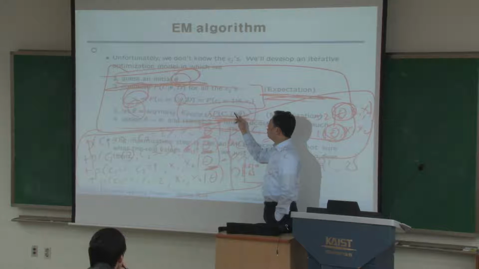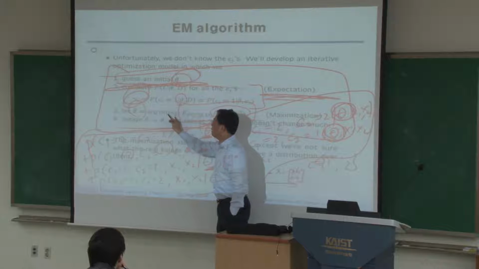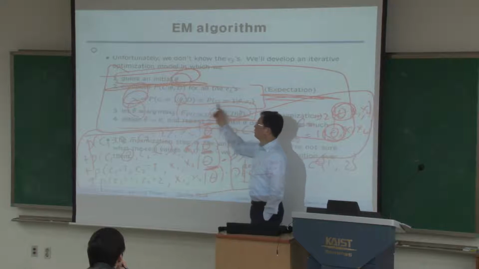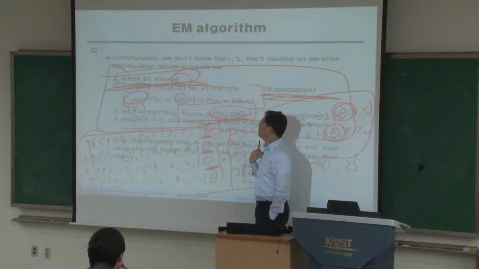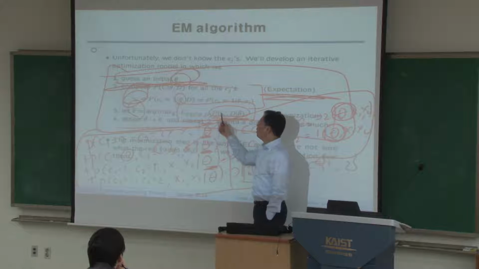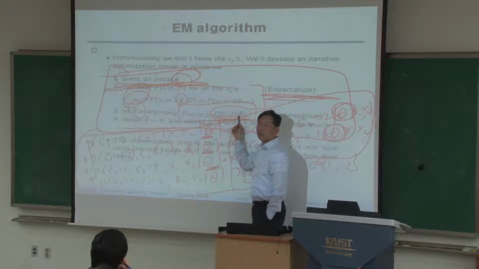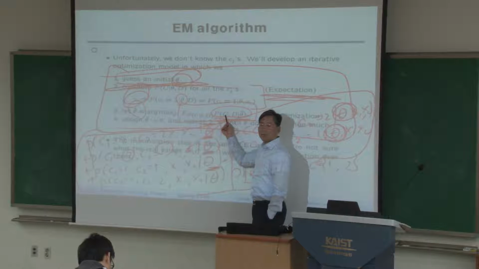Okay? I want to find a theta bar that would maximize this quantity. So I'll say it in words: probability of the complete data. We call this complete data, data with its label.